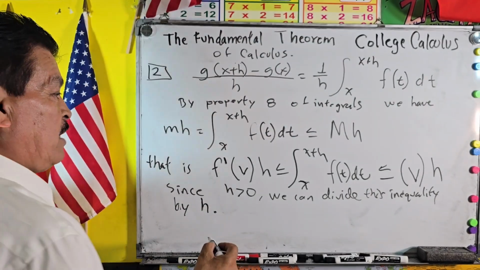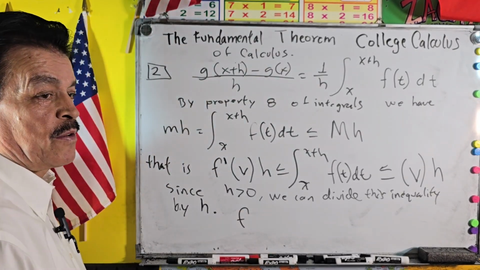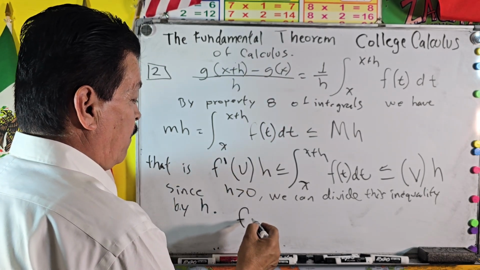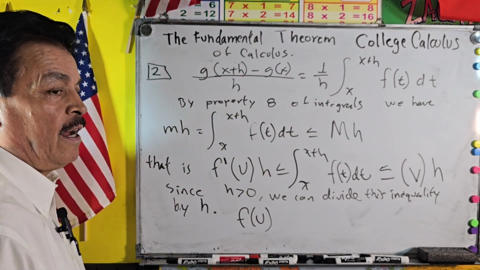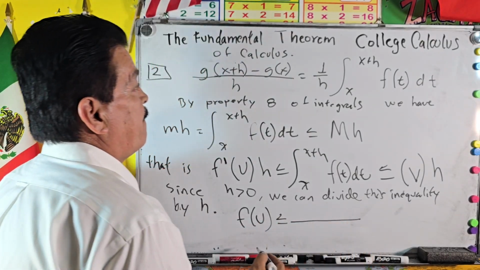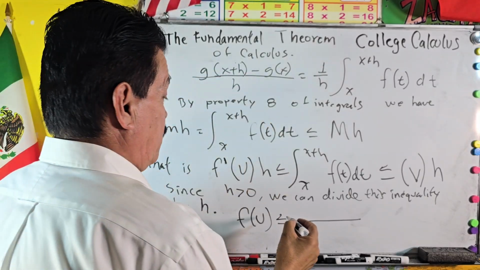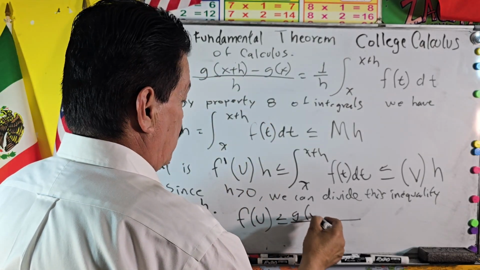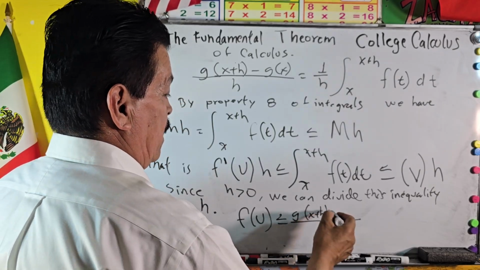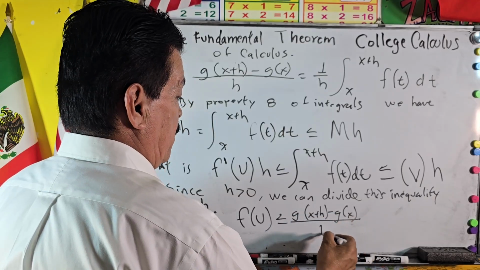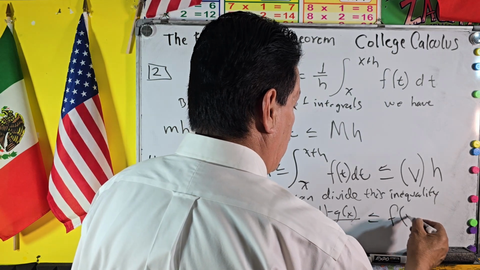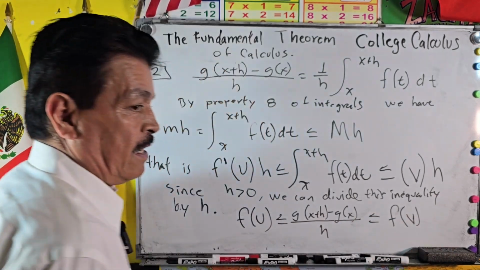If we divide it by h, we will have f of u less than or equal to g of x plus h minus g of x, divided by h, less than or equal to f of v.